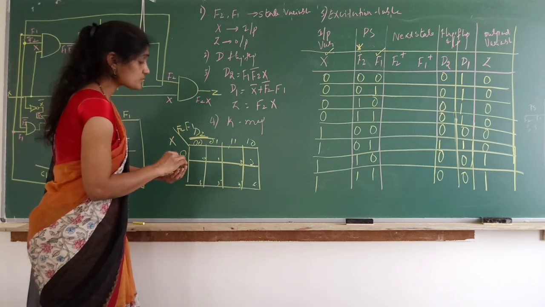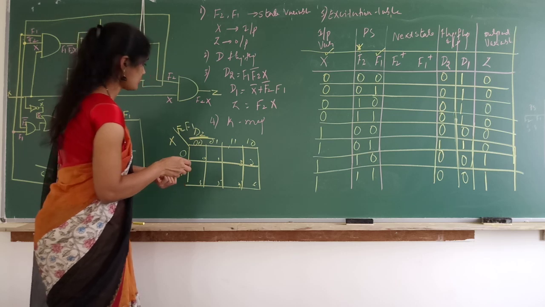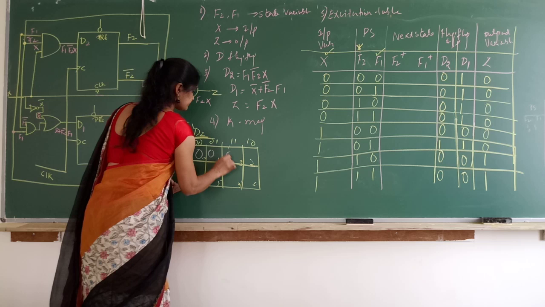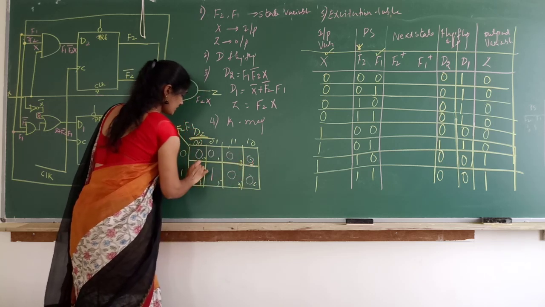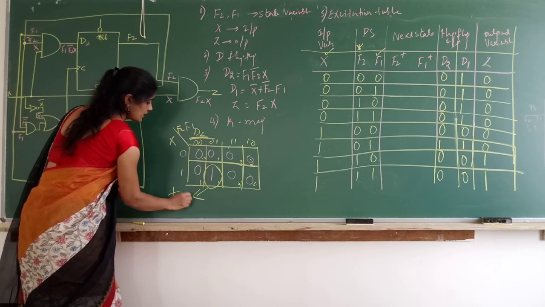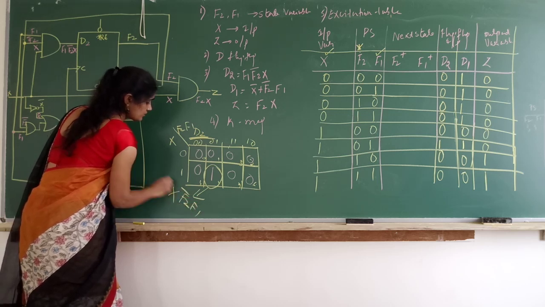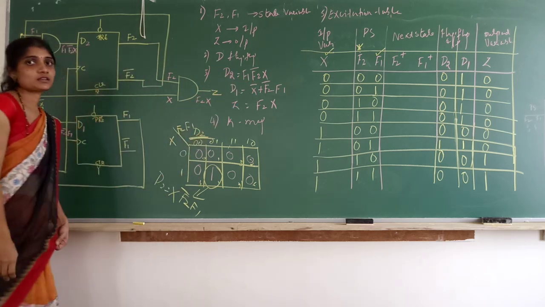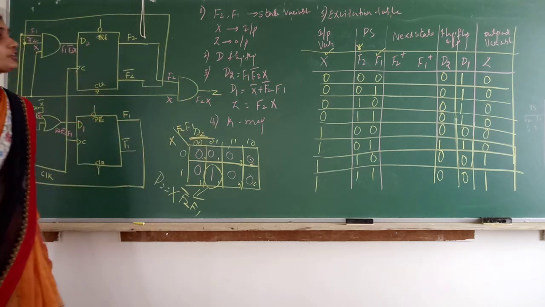What are the minterms for D2? 101, which is cell 5. Otherwise it is 0. Shall we solve this? The equation I get is D2 equals X, F2 bar, F1. Same thing I am getting. The same way you can write the K-map for D1 and Z.